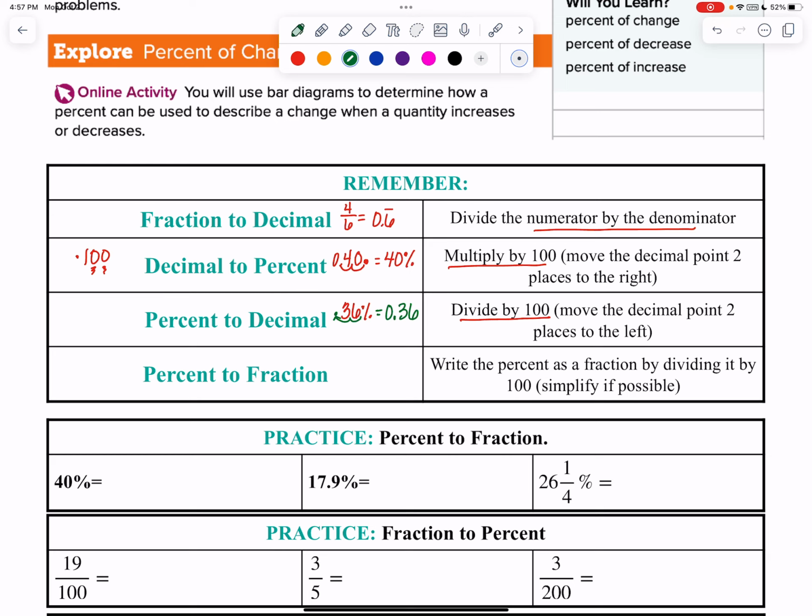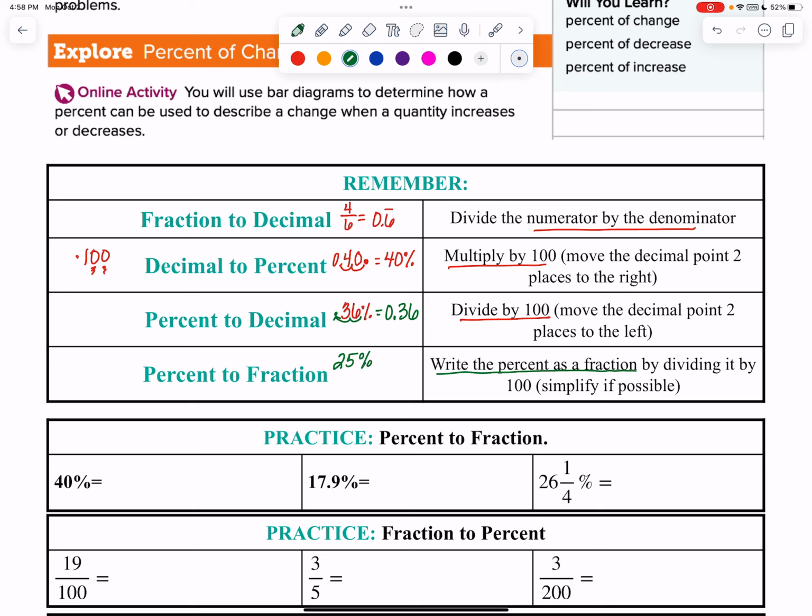Okay, if we have percent and we want to change it to a fraction, okay, it says write the percent as a fraction by dividing it by 100. Okay, because that's what a percent is really. And so if I have, let's just say, 25%.